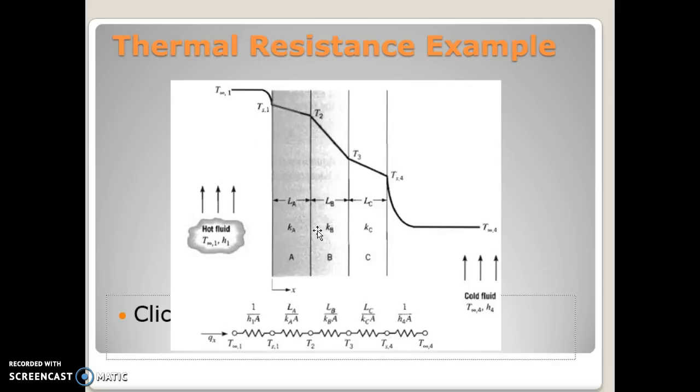Say this is the composite wall of a building, and there is air blowing over the outer surface of the wall, and the temperature of this may be high. Say it's a case of summer, so you have higher temperatures outside, so the hot fluid may be hot air flowing over the surface, and you have cold fluid, or inside the room the air is kept cool with the help of, say, an air conditioner.